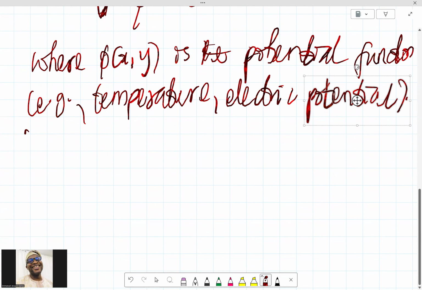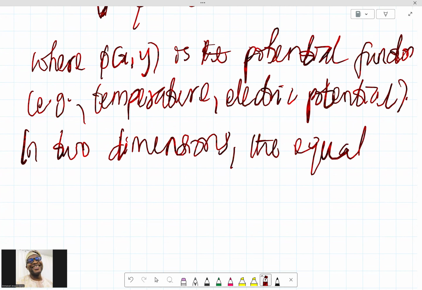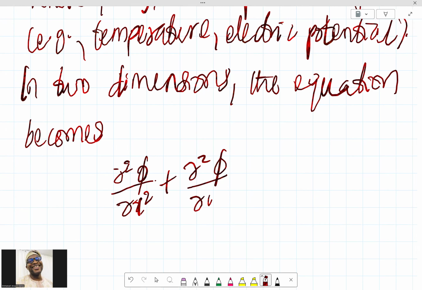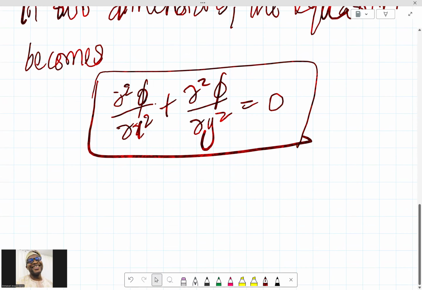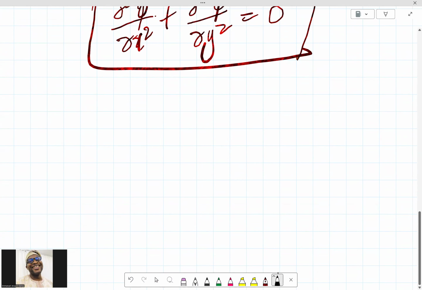So in two dimensions, the equation becomes partial squared phi over partial x squared plus partial squared phi over partial y squared equals 0. Of course, if you want to extend it to three dimensions, you just add another one: partial squared phi over partial z squared equals 0. So that's what that is in two dimensions.